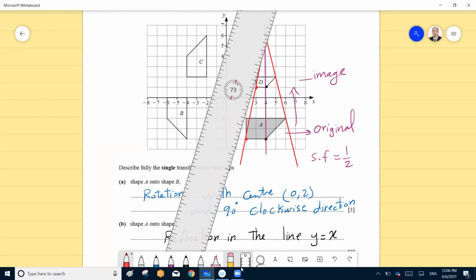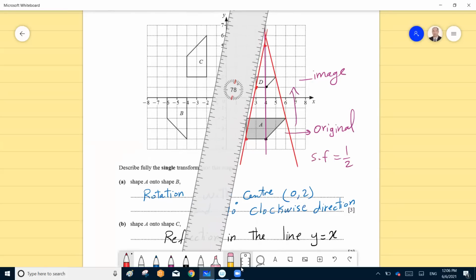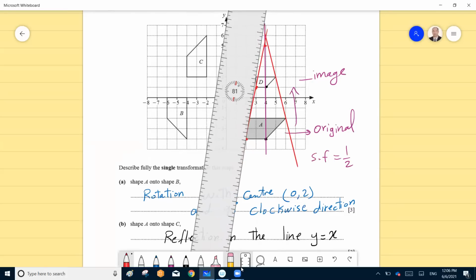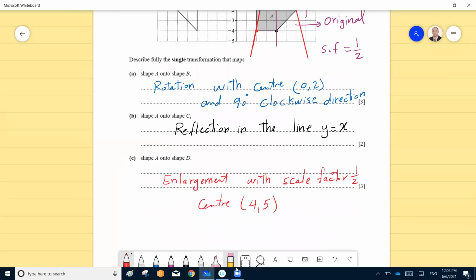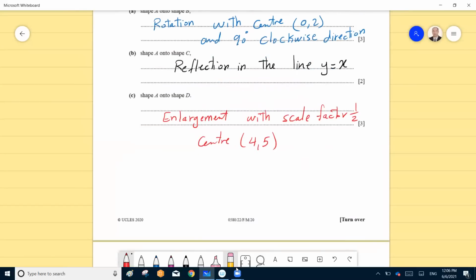If I draw this one, you get it. Yes, (4, 6) is better. Sorry, using a normal ruler and paper will be more accurate. So the center of enlargement will be (4, 6).